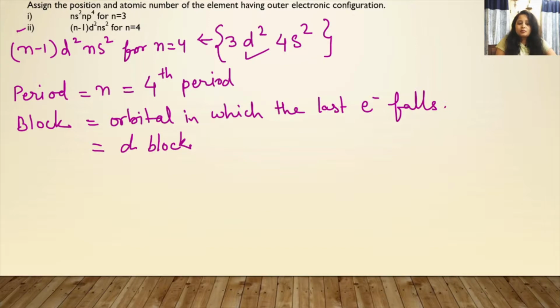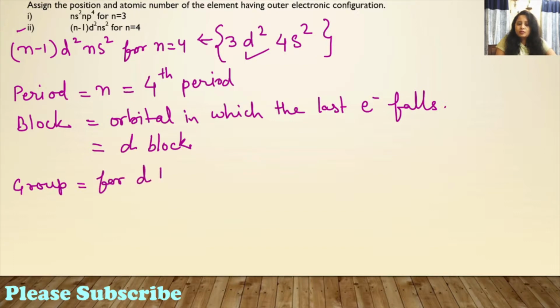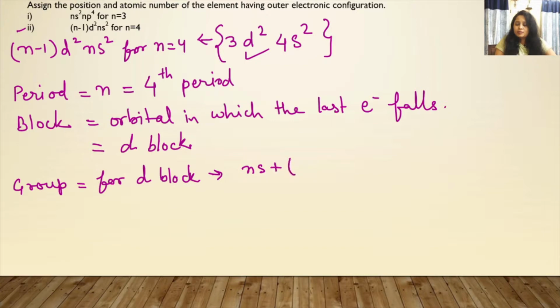Now, come to the group. For d block elements, the group is ns electrons plus (n minus 1)d electrons. This is the formula.